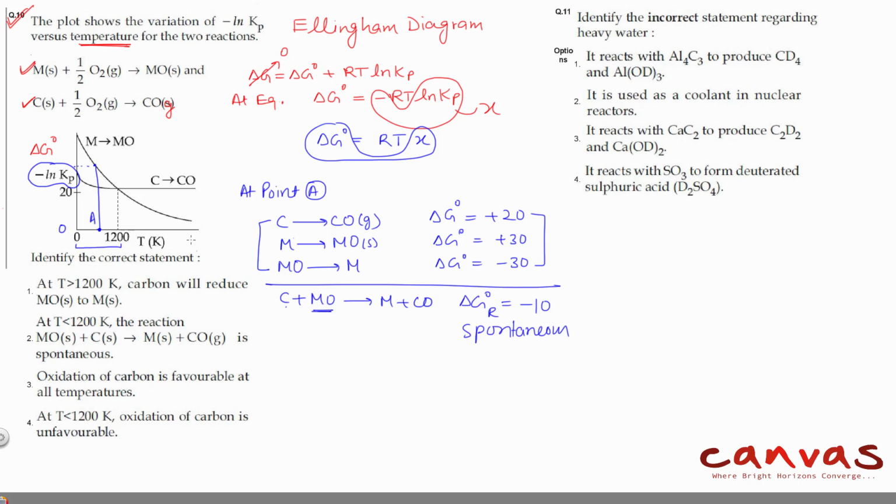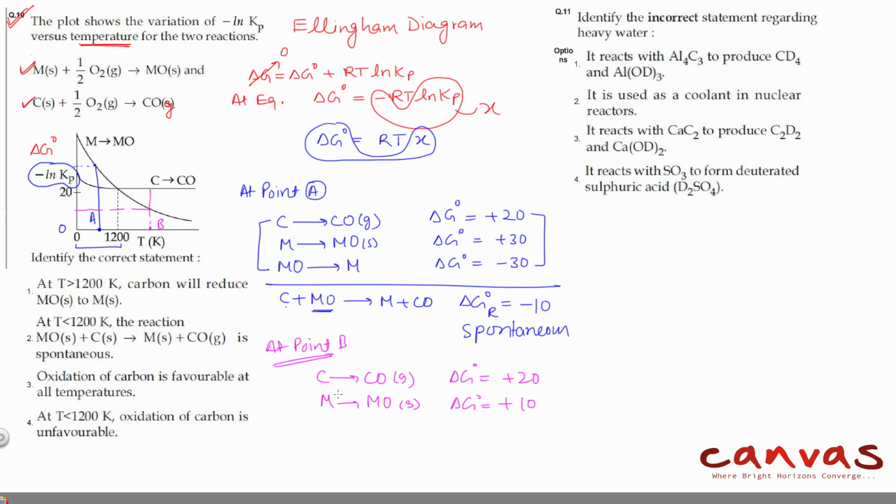Now take another example at any point above 1200 Kelvin, let it be B. At point B, carbon gives you carbon monoxide gas. Now this value is almost fixed, so let's say it is again plus 20, and for metal to metal oxide solid, delta G naught here is even lower, so let us say this is plus 10.